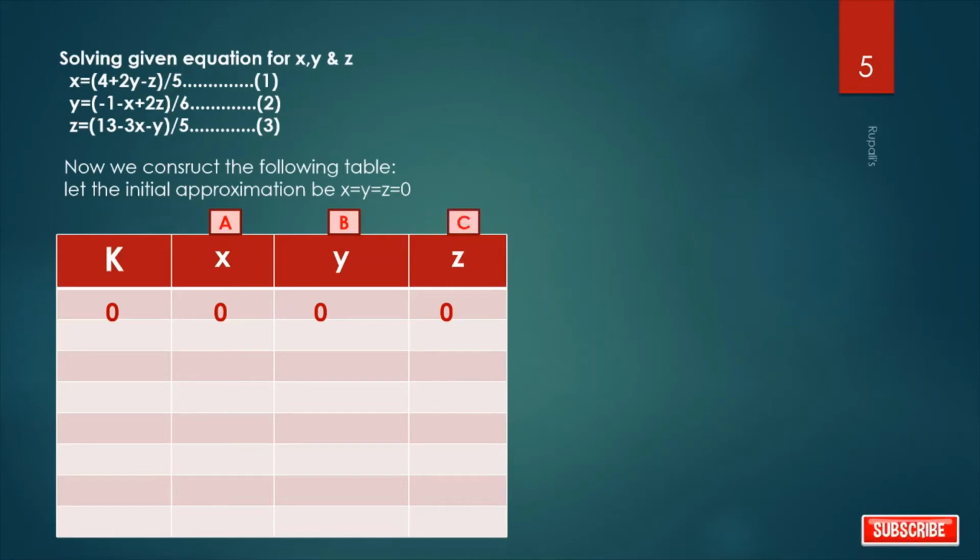Next, the first iteration. From the first equation, with y equals 0 and z equals 0, you can easily calculate the value of x. Now store this value in calculator memory A. So the x value is this, the z value is 0, and you can easily calculate the value of y.